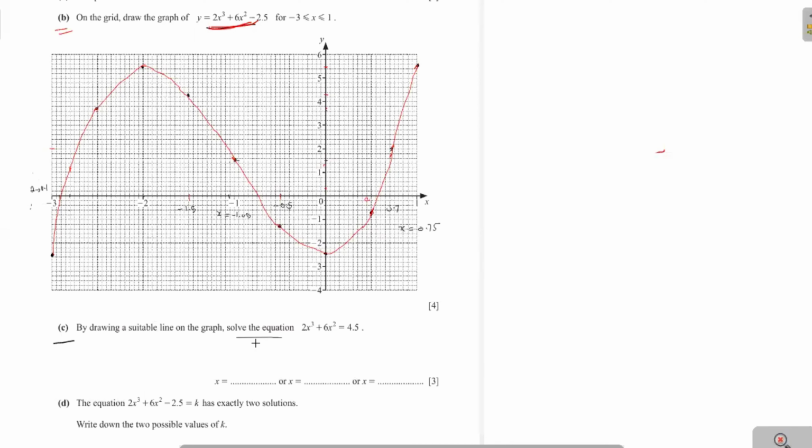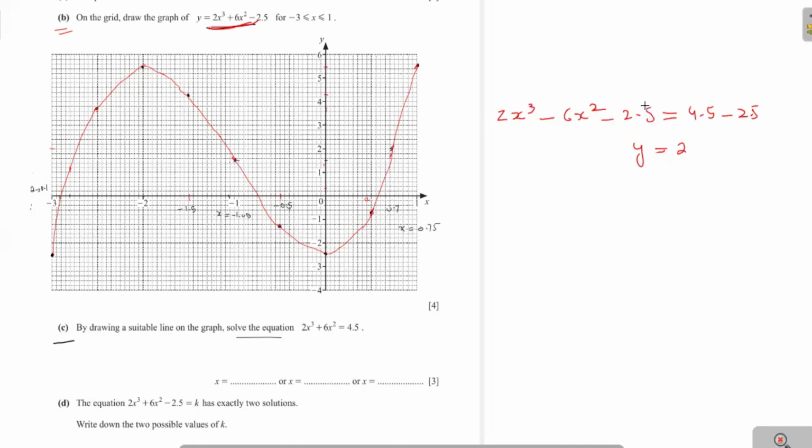Part C, drawing a suitable line on the graph, solve the equation. You see here, this is the equation given here. If we subtract 2.5 on both sides, we get y equal to 2x cubed plus 6x squared minus 2.5, and this is equal to 2.